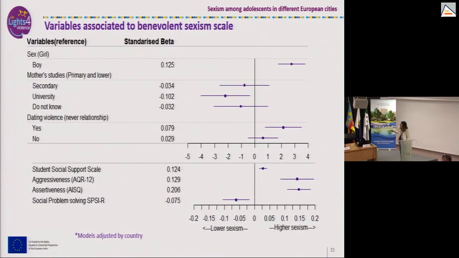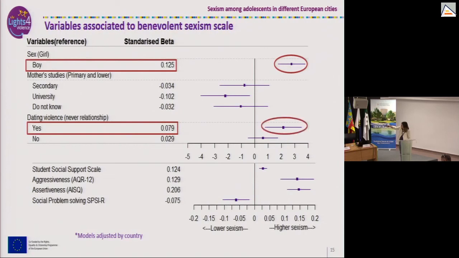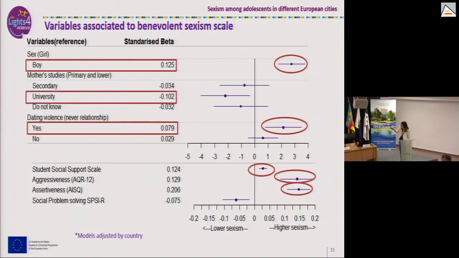In the same way as total scale, higher levels of benevolent sexism were associated to being a boy, having a dating violence experiences, higher social support, aggressiveness, assertiveness, and lower levels of benevolent were related to having a mother with university education and higher levels of ability to solve problems.